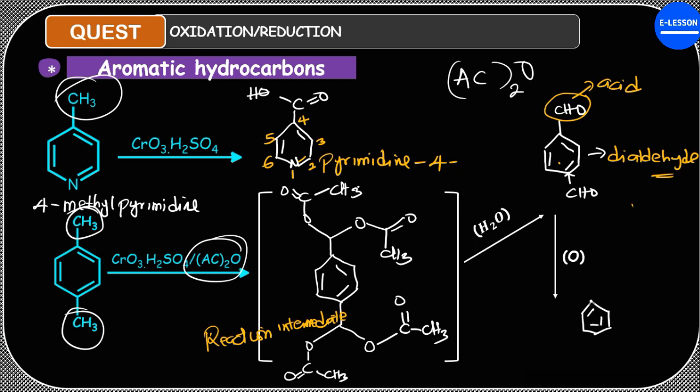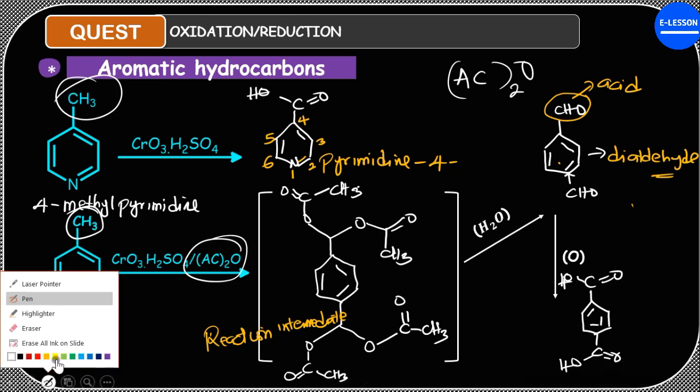We can decide to write it COOH, COOH, or if you have the time, you can spread it apart. C double bond O, here is OH. If there's space, still the same thing. C double bond O, here is OH. So this is a dicarboxylic acid as our final product.